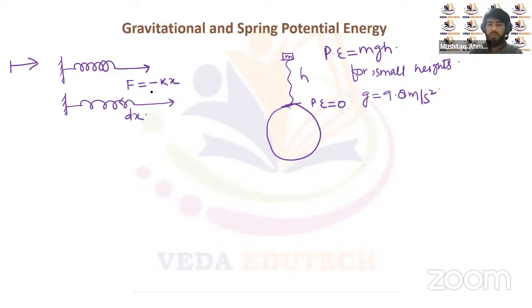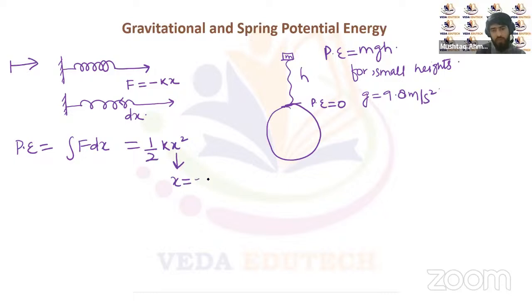And this force is a conservative force. Spring force is also a conservative force. The work done by this conservative force will be stored as the potential energy within this spring. And that potential energy of the spring, we can calculate as the integral of F dx, and this potential energy will be equal to half kx square, where x is the extension in the spring.